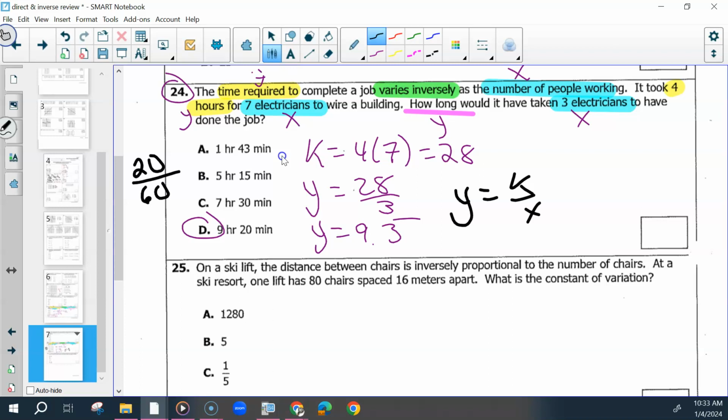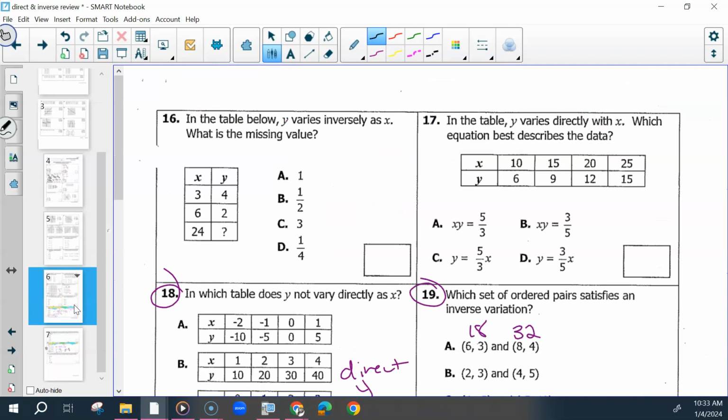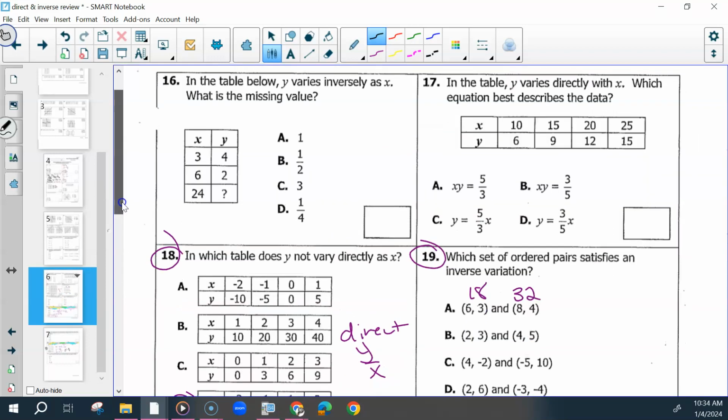Other questions? In the table below, y varies inversely as x.